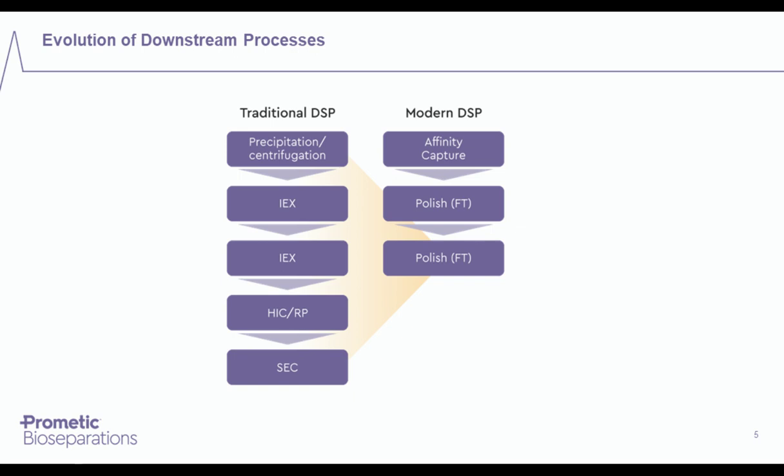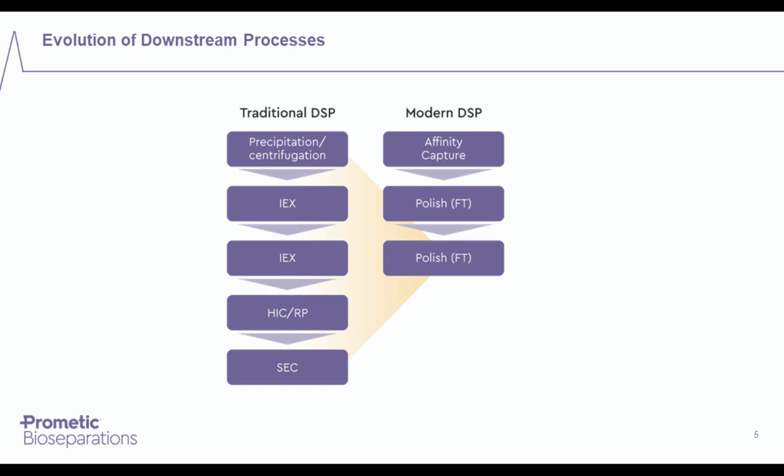Looking back over the last 30 years, downstream processes have changed significantly. Traditionally, purification processes consisted of a series of steps which provided progressive increases in purity until eventually the desired purity was achieved. However, this approach involves many unit operations, which contributes to the increased costs and time, as well as reduced yields.